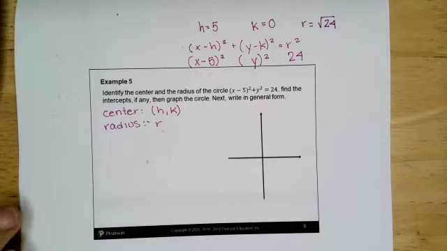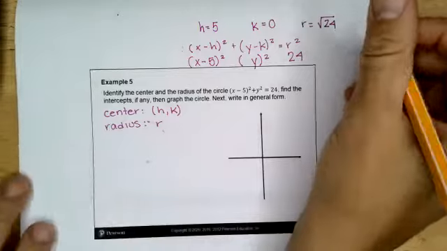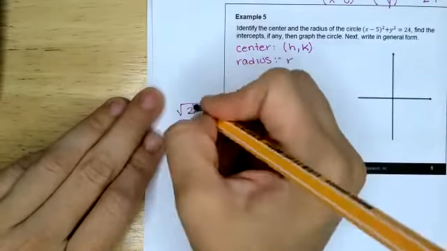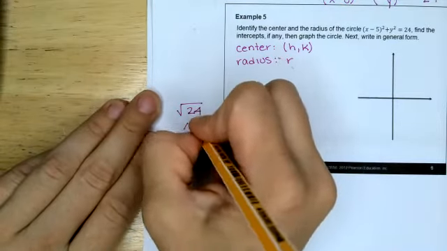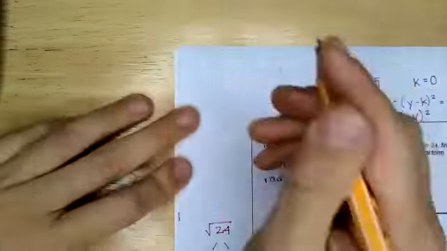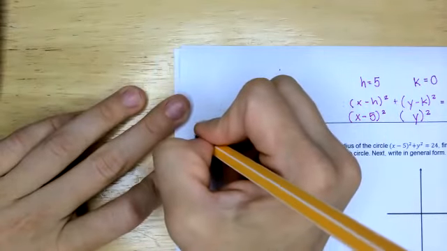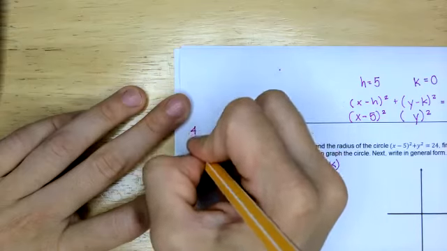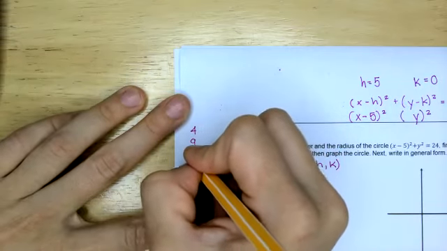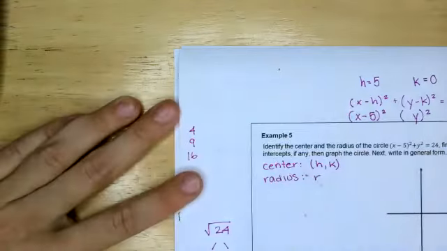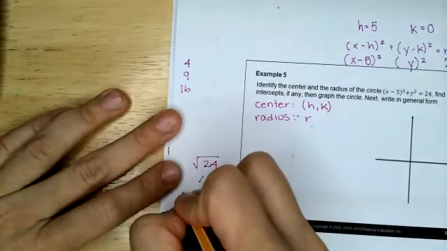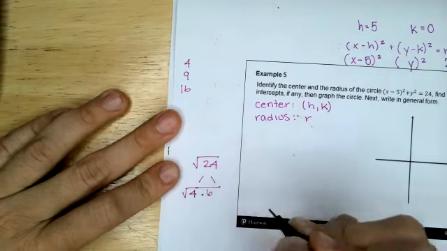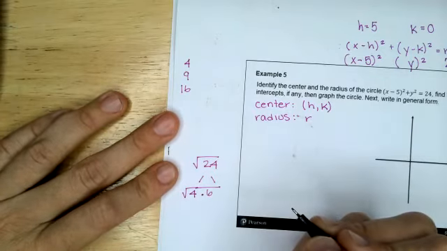So they might ask you to just leave it like that. You can also just practice radicals. The radical 24 can be simplified. What perfect square can 24 be divided by? We have the squares 4, 9, 16, right? 24, I can divide it by the square root of 4 times 6, right?